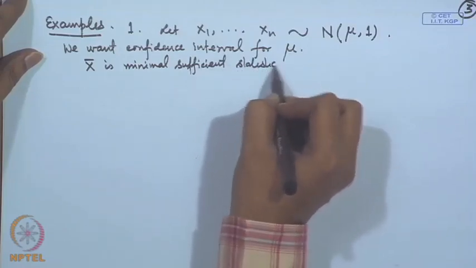We have seen when we were doing the estimation, x bar was actually UMVUE, MLE, minimax estimator, etc. Also, when we looked at the test for mu in this particular problem, the test was based on x bar. The uniformly most powerful test or UMP unbiased test or the likelihood ratio test, they were all based on x bar. In fact, the invariant tests also.